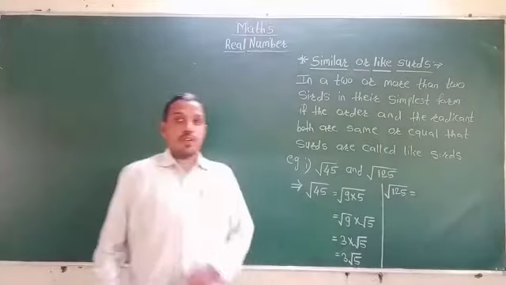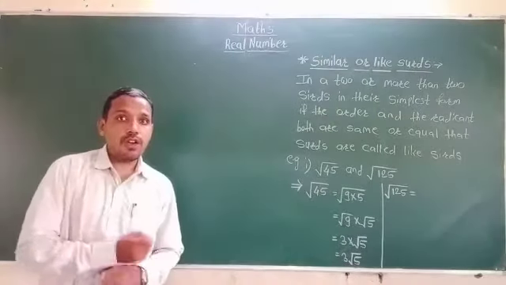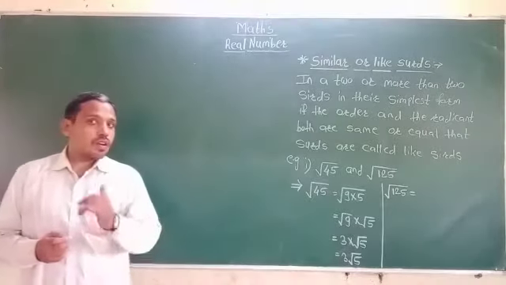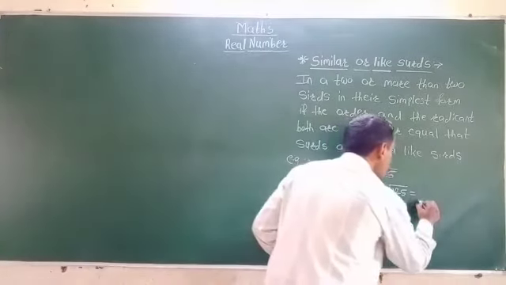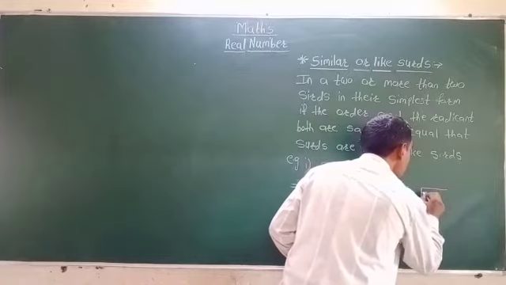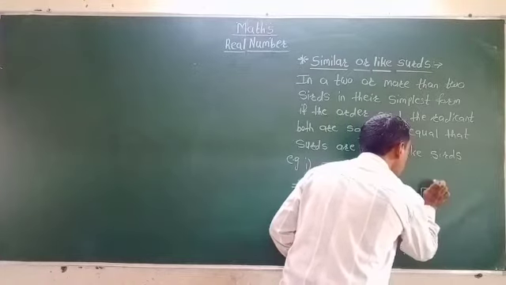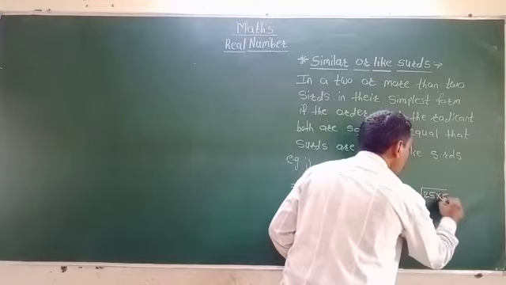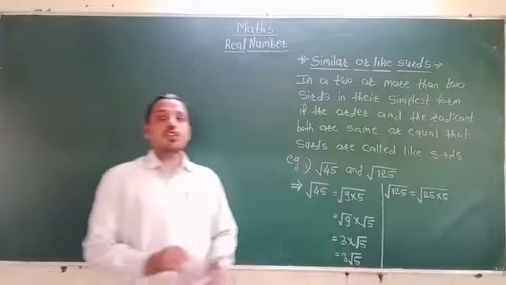So how can we convert 125? 25 fives are 125. So we split 125 into a two-number product form, 25 into 5.